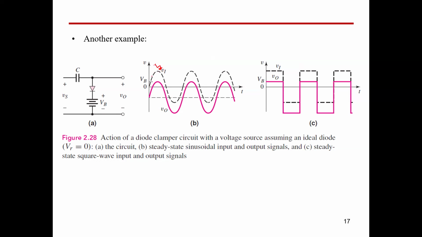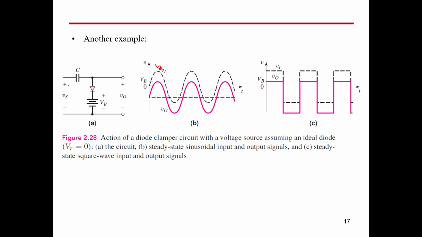And you have this circuit, a capacitor here, a diode and the battery. We know this configuration, we actually use it to make clipping for our circuit, but here we added a capacitor in series. So let's see the configuration here.